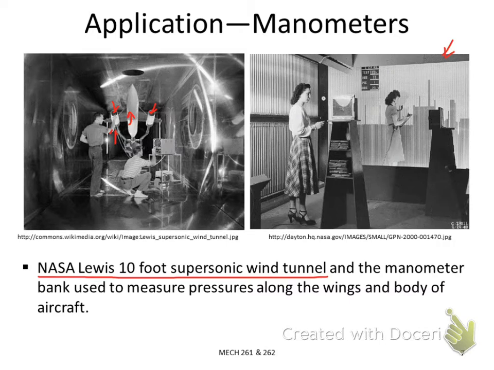You can see this lady reading the height difference of the manometer. Because you have so many tubes, human eyes are not very efficient at recording the dynamic change, so they can even take video of the change and then analyze the video to analyze the pressure change.